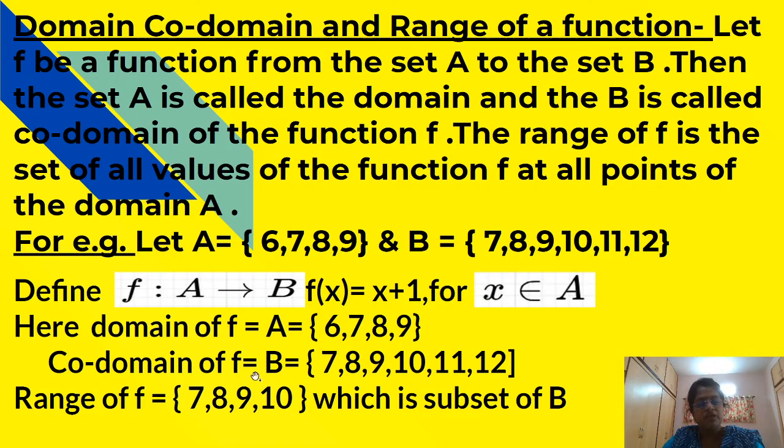Codomain of f is equal to B which will contain the elements 7, 8, 9, 10, 11, 12. And the range of f is equal to {7, 8, 9, 10} because f of 6 is 7, f of 7 is 8, f of 8 is 9, f of 9 is 10 because f of x is equal to x plus 1. And this range of f, {7, 8, 9, 10}, is subset of B.